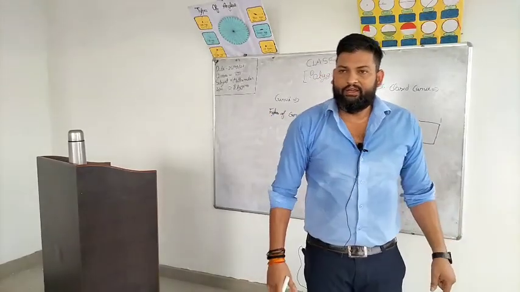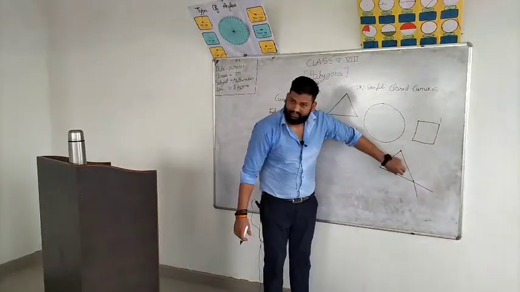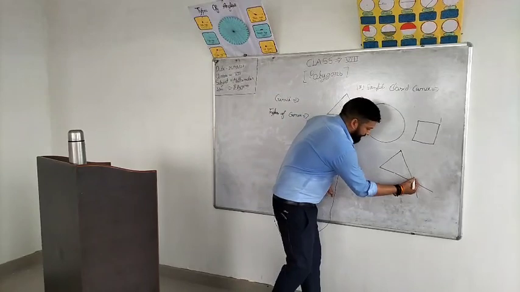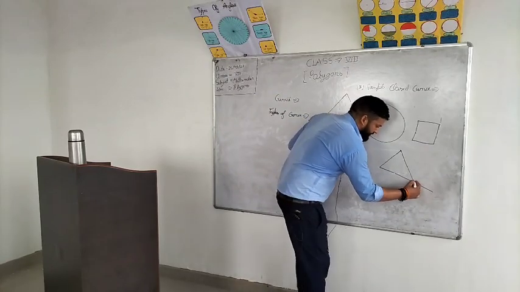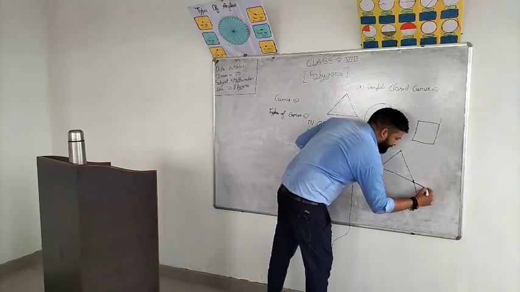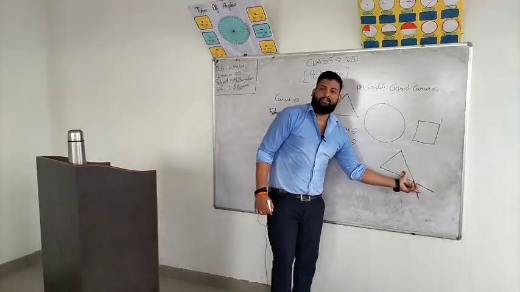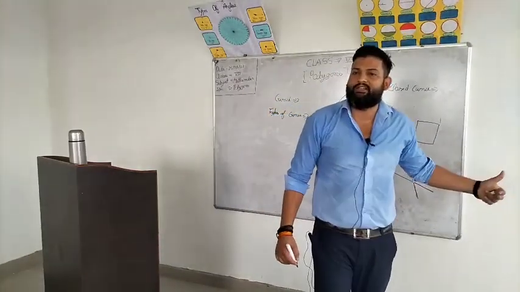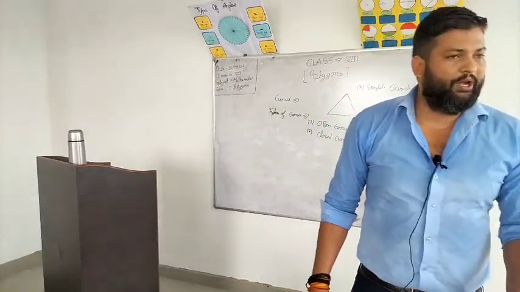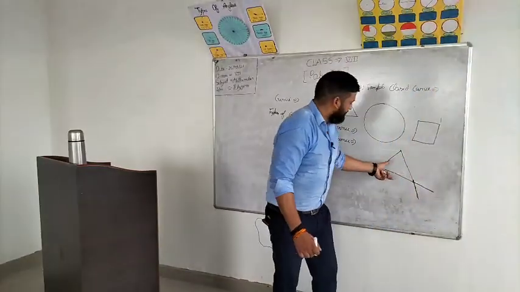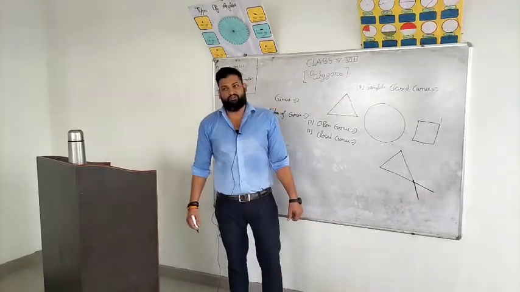Never. It is a closed figure, but when we produce the lines, they intersect at some point. So this figure is a combination of two figures, a closed figure and an open figure. So we can't say such a figure is a simple closed curve.